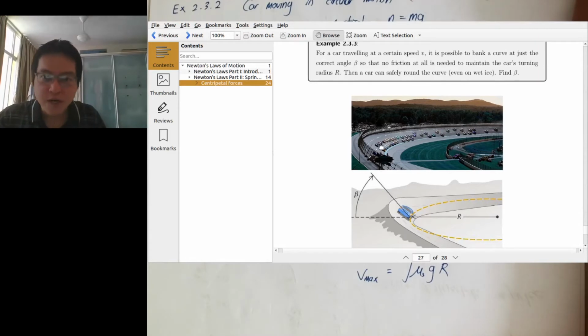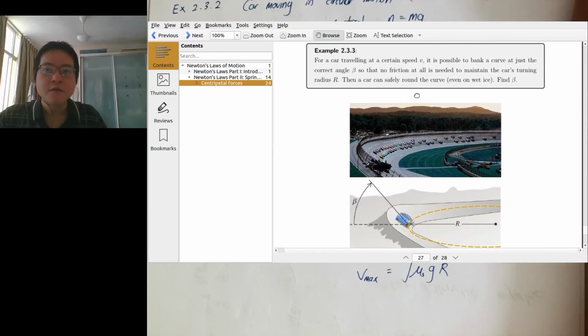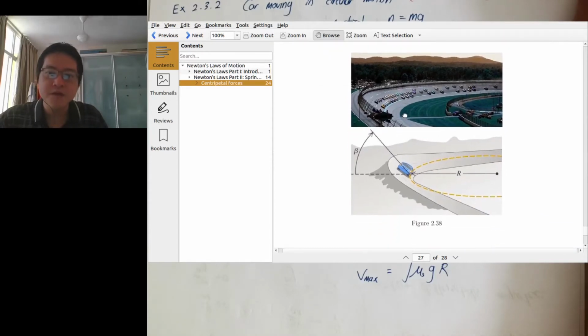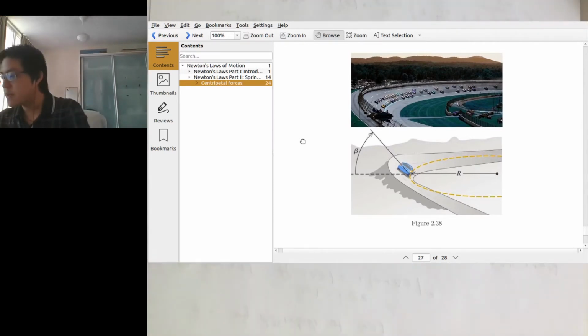Even on a smooth ground, the car is able to turn in a circle. So we just need to determine the required beta if the speed is v. See, we are talking about speed, not velocity. So let's try to solve this problem. This is example 2.3.3.